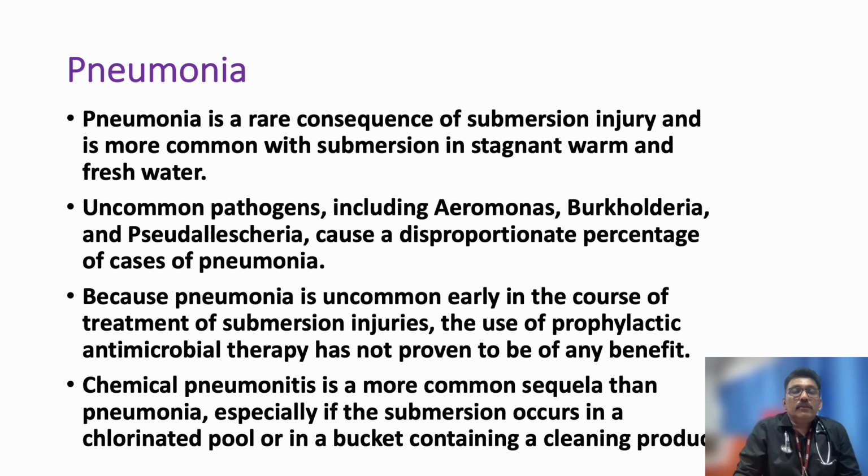There are other organisms also that can produce pneumonia. Sometimes chemical pneumonia can also be produced by drowning. So pneumonia can be due to aspiration of bacteria, or due to aspiration of chemicals. Both are possible. When we are seeing pneumonia, don't think that it is only an infection. Procalcitonin level may be elevated in infective pneumonias.